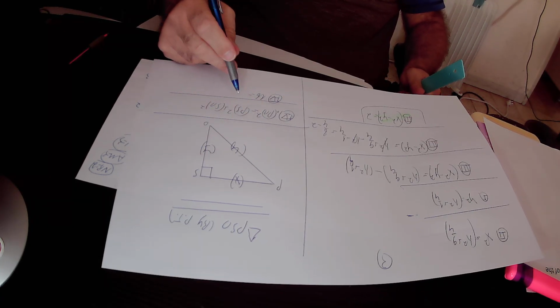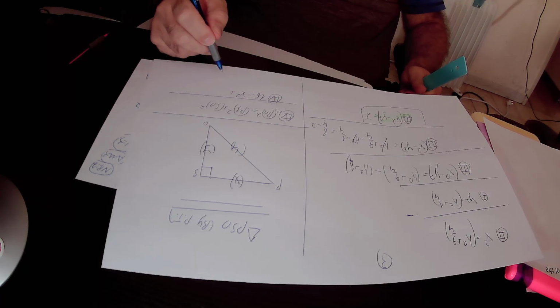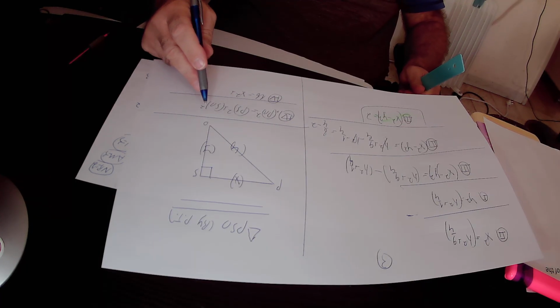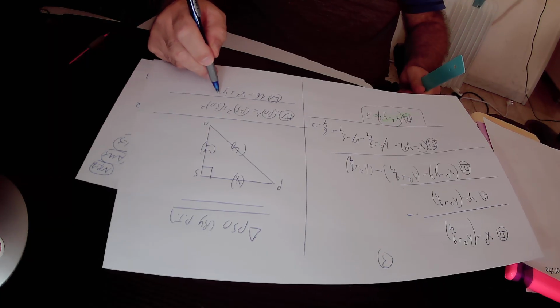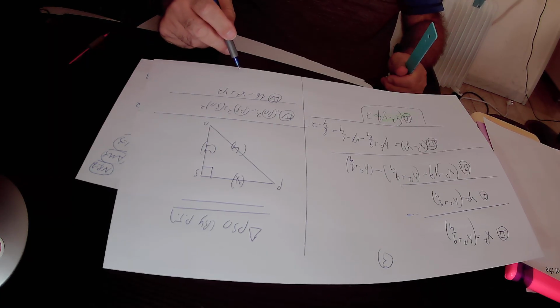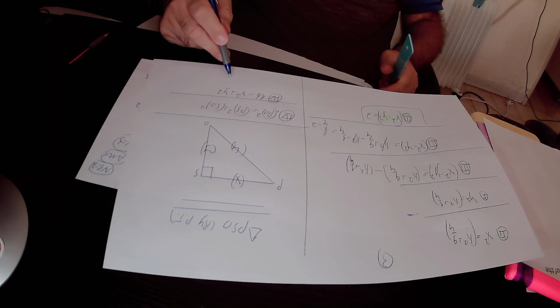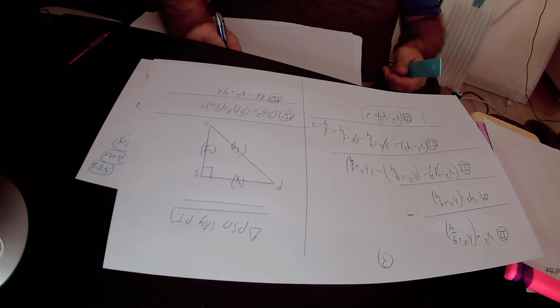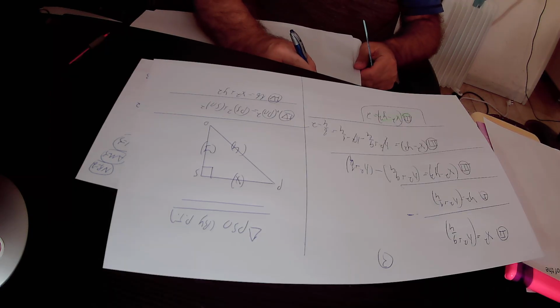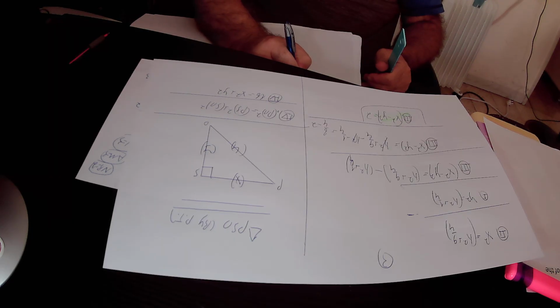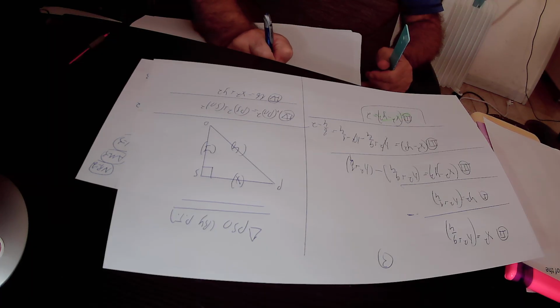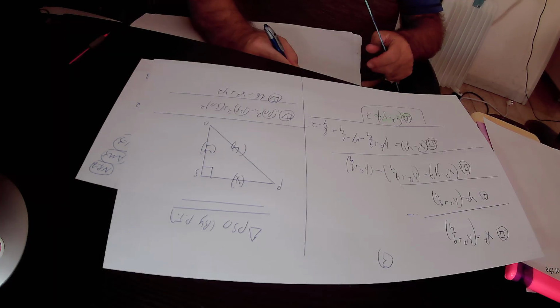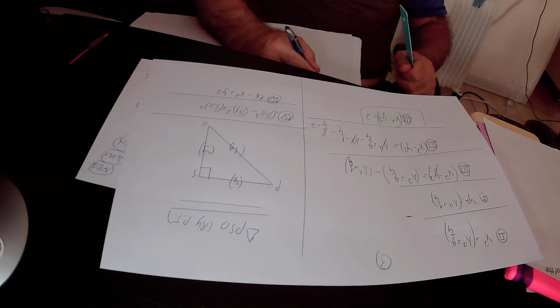PS is x, therefore PS square is x square, plus SO square. SO is y, therefore SO square is y square. So in total, according to equation 4, x square plus y square equals 16. According to equation 3, we already found out that x square minus y square equals 2.